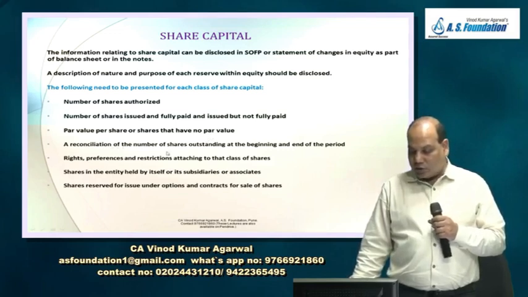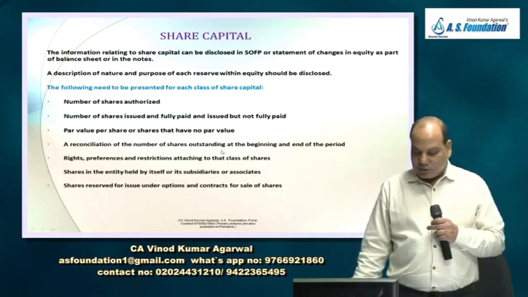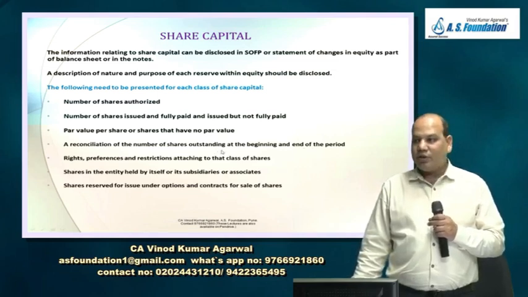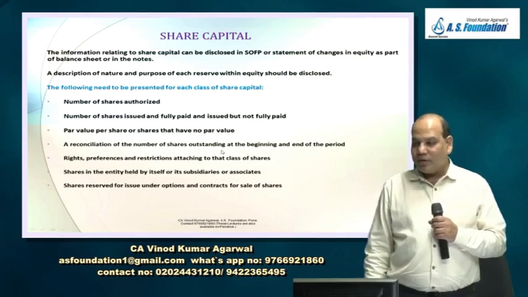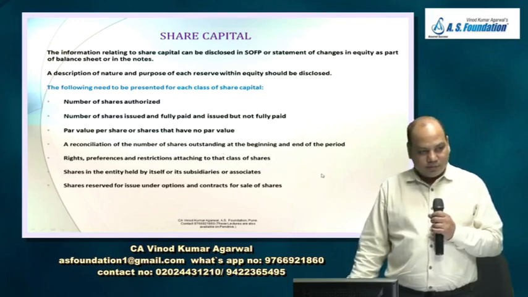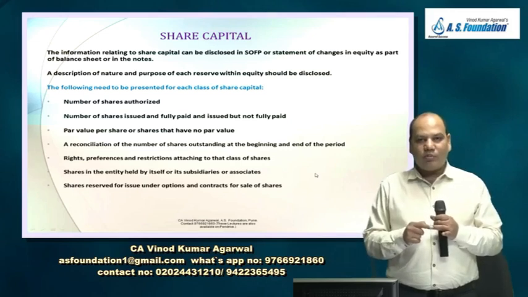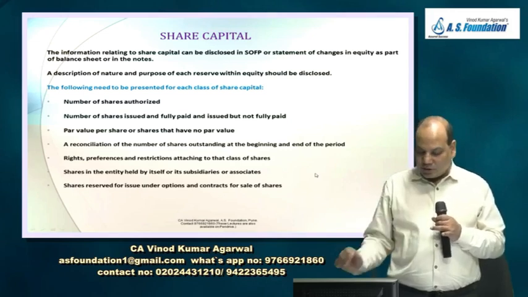Then a reconciliation of the number of shares outstanding at the beginning and at the end of the period. So you have to write opening number of share, add shares issued, less shares bought back, redeemed, cancelled, and closing balance. So reconciliation statement that is showing the movement in the number of share from the beginning till the end.